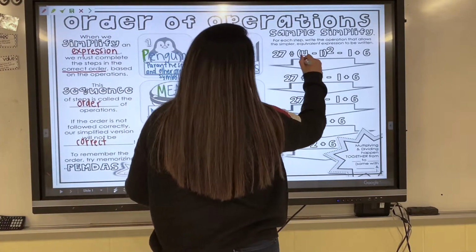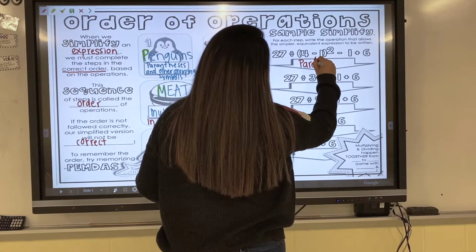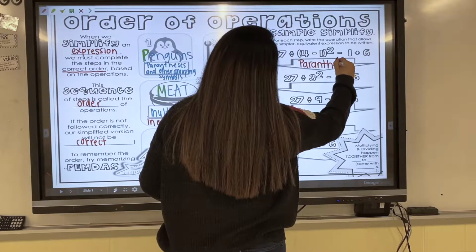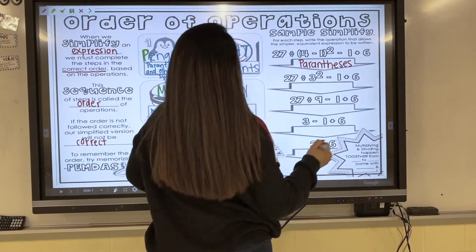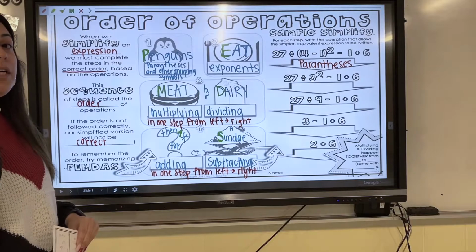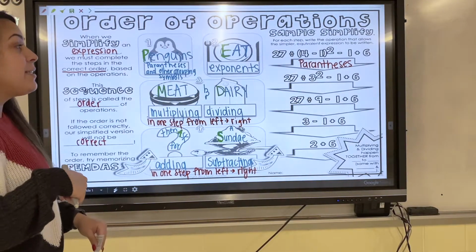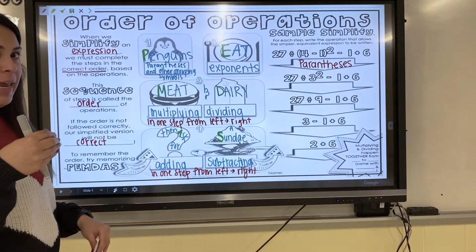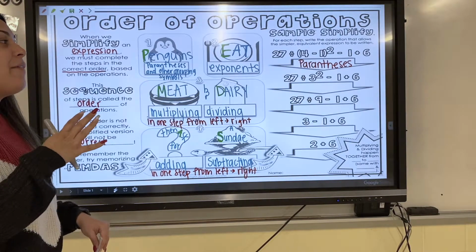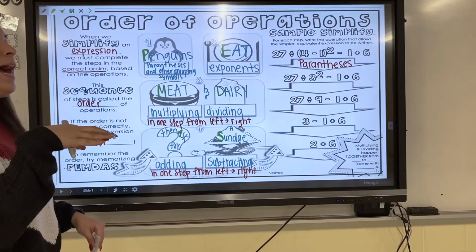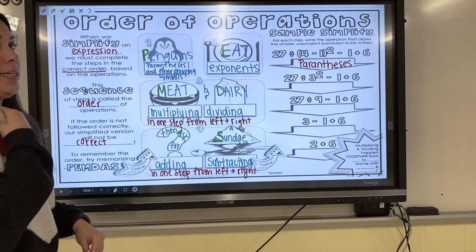So in here, I'm going to write parentheses. That is my first step. Next, so we simplified it. So now we have 27 divided by 3 to the second power minus 1 plus 6.